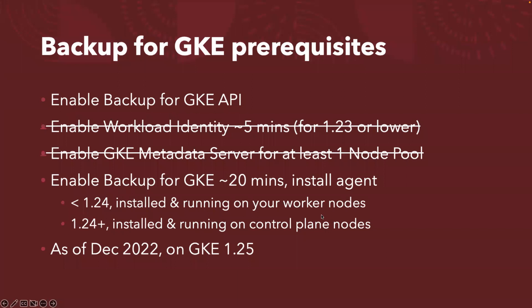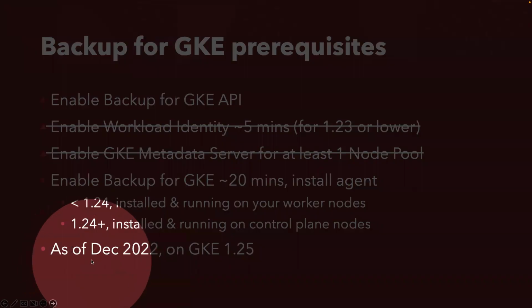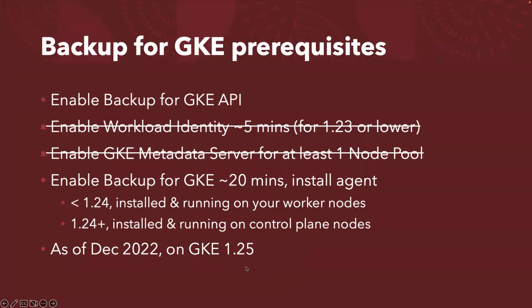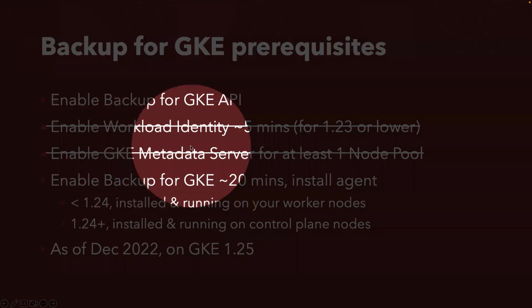So now, how to enable Backup for GKE? There are a few preparation tasks. First of all, you need to enable the Backup for GKE API. It probably takes 1 or 2 minutes to enable the API. Once you enable the API, for my case, as of today, actually it's Christmas Day, on GKE 1.25, you don't have to enable Workload Identity.